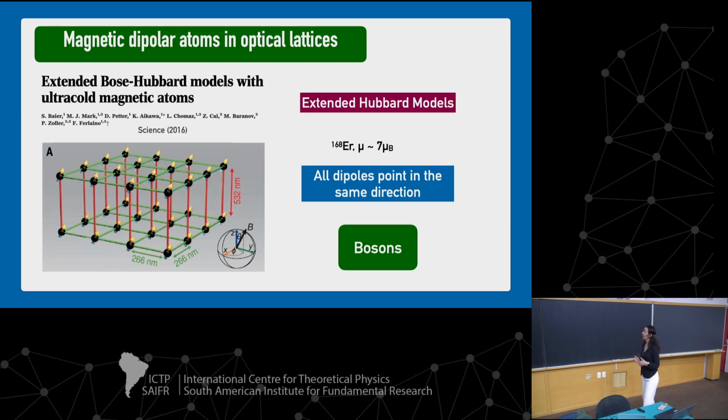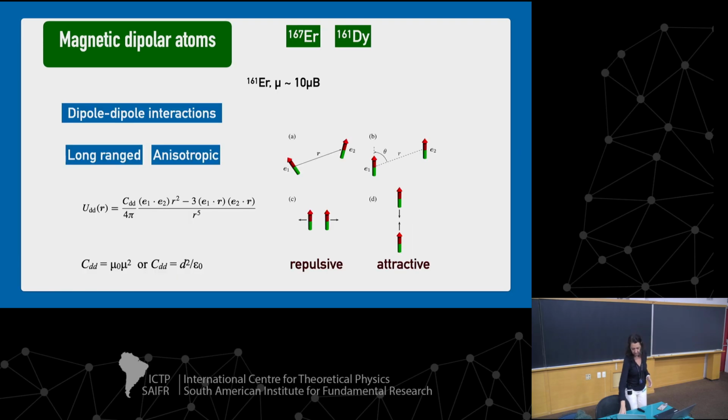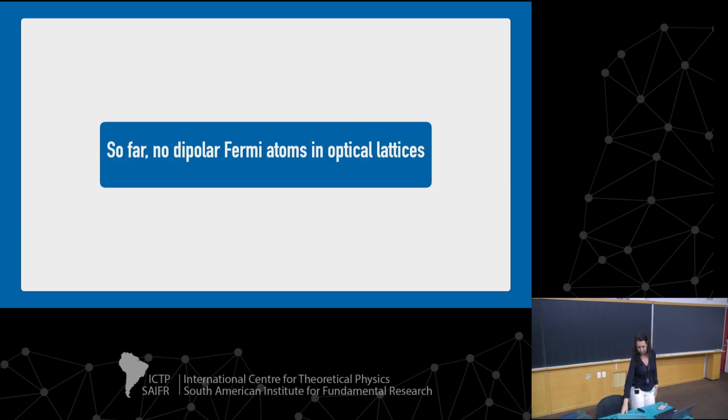And the interesting thing is all dipoles point in the same direction in this experiment. And the dipole-dipole interactions are long-ranged by nature. They fall with 1/r^3, and they are directional. So depending on where the local moment is pointing, it can be repulsive, it can be attractive, and it leads to many possibilities of interesting physics.